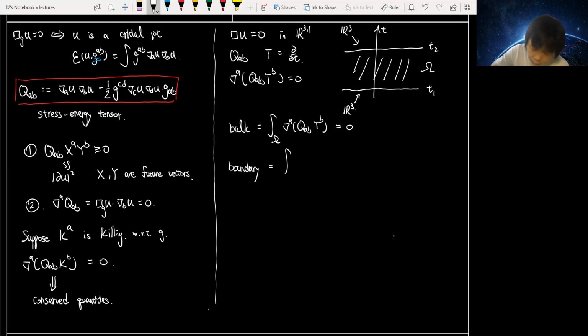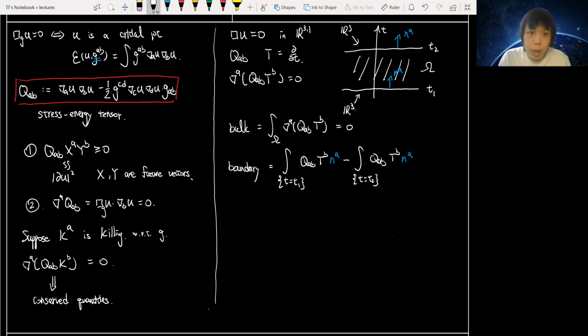That is the integration on the slice t equals T1 of Q_AB T^B N^A, minus the integration on t equals T2 of Q_AB T^B N^A. Here, N is the unit normal vector of these two time slices. In this case, it actually coincides with the vector ∂_t.